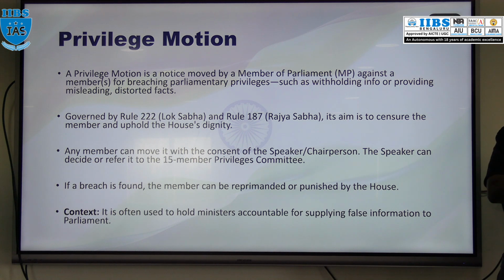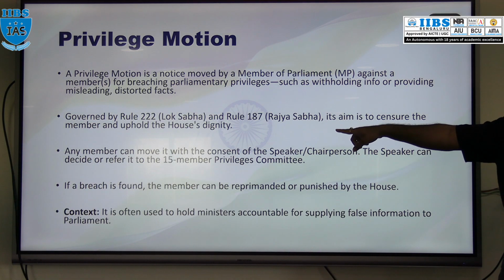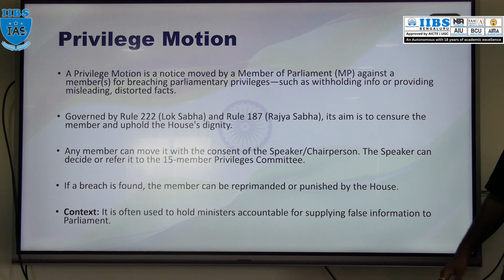There is one privilege committee which deals with cases of breach of privilege. So if such a privilege motion is introduced, it can be taken up by the presiding officer or given to the 15 member privilege committee.